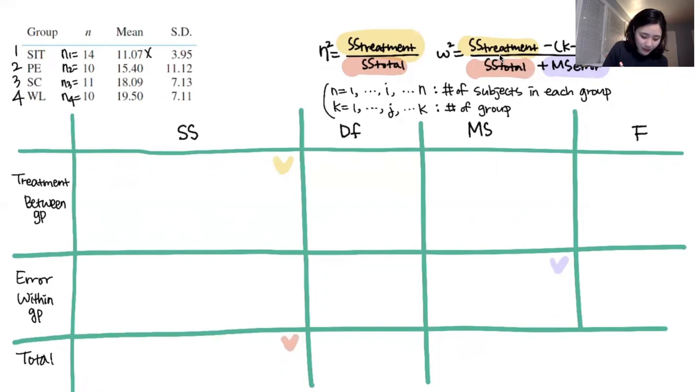Here are the first, second, third, and fourth group means. If you sum them up and divide by 4, you get 15.62. This is my grand mean. And these are the standard deviations of groups 1, 2, 3, and 4.